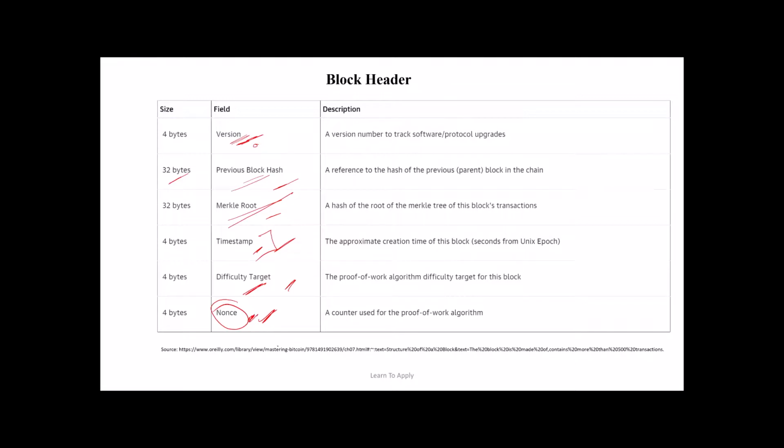Once this nonce is recorded, they have a new block with all sorts of information in the block header, and with this they will get the current block hash and the block number, right? So the block header is a very important aspect. The block header is a very important part of the overall creation of a blockchain in Bitcoin, and in any blockchain, not specifically in Bitcoin, but here we talk about Bitcoin specifically.